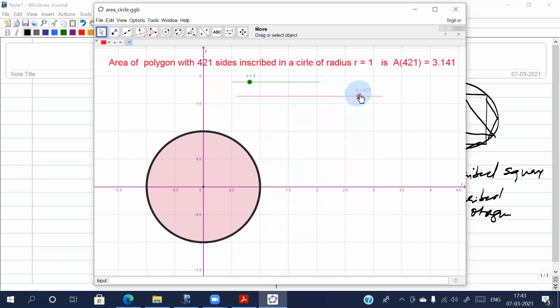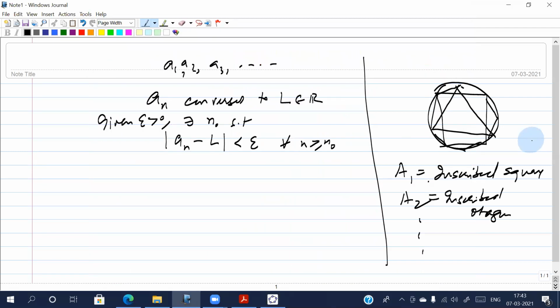So this is a monotonically increasing sequence, coming closer to a value L. The completeness property of real numbers says that if AN is monotonically increasing and bounded above, it must converge.